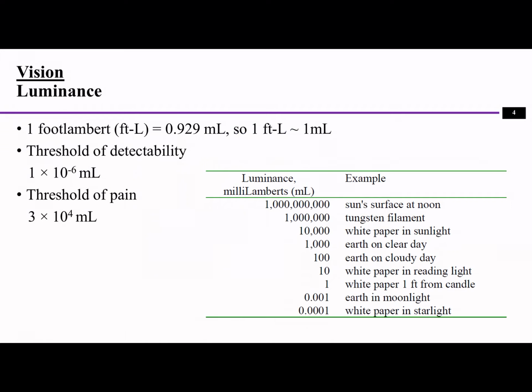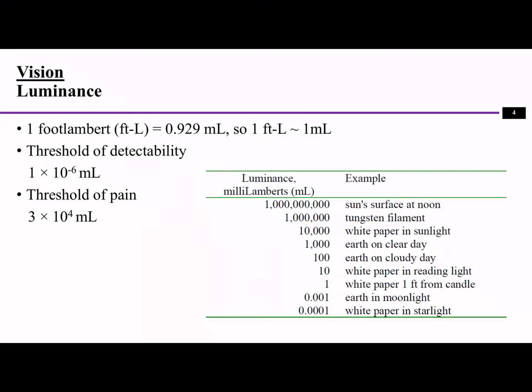Luminance basically describes the intensity of light emitted from a surface area. You can see from this table that one millilambert is a white paper 1 foot from a candle. This is how much luminance it is.